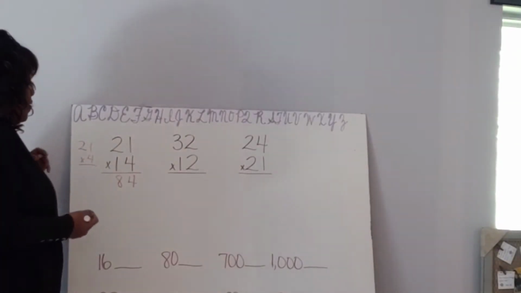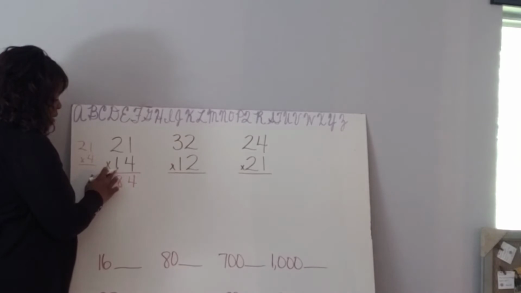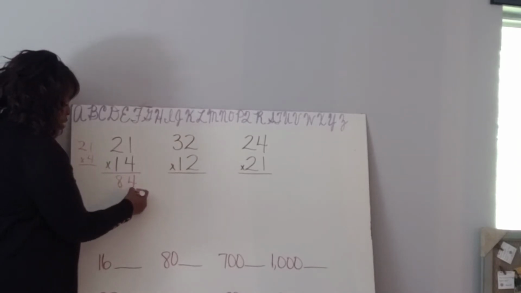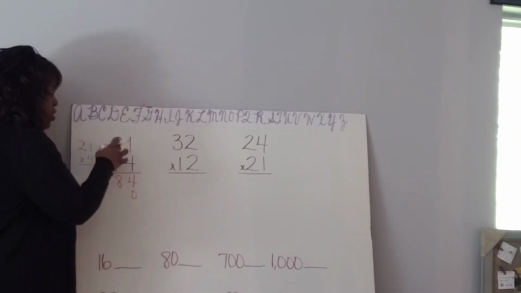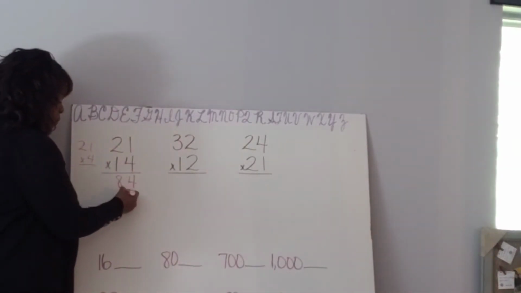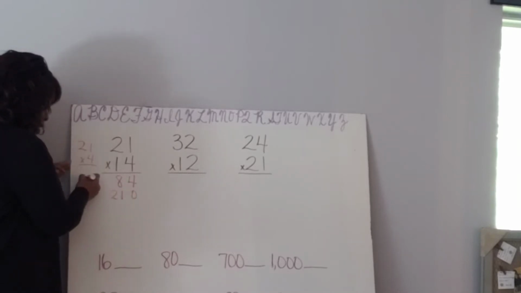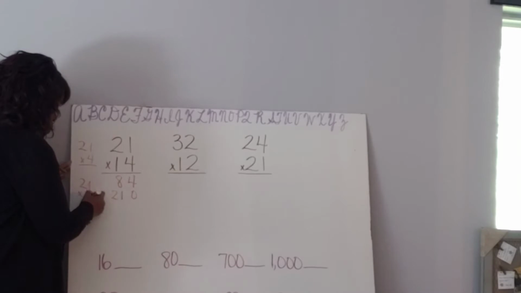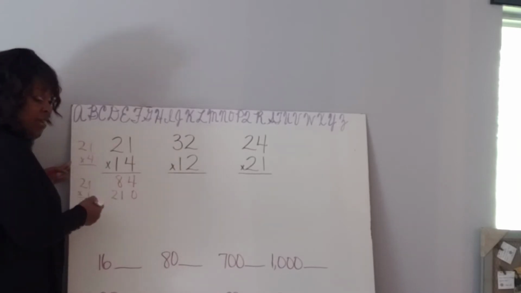Okay? Then, because we're multiplying in the tens place, we put our 0 here, but we just multiply 21 times 1, 1 times 1, and 2 times 1. It's just as if we were to say 21 times 1, or if we were to say 21 times 10. 1, 2, and then we put the 0 after it.